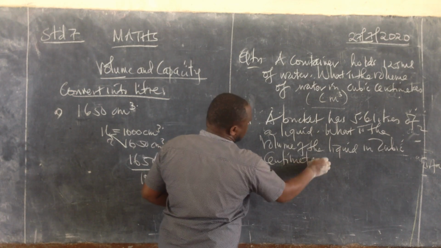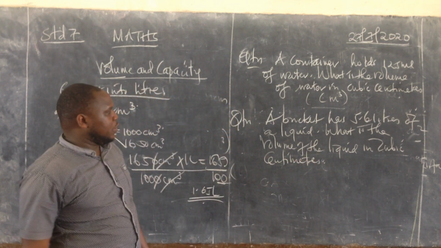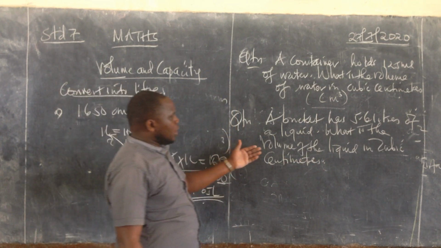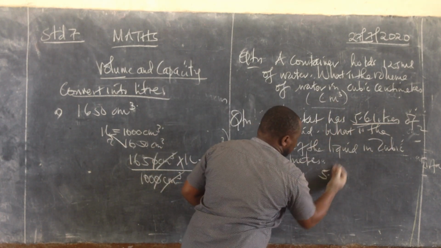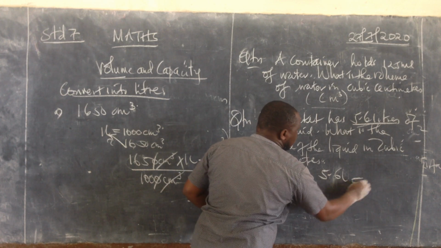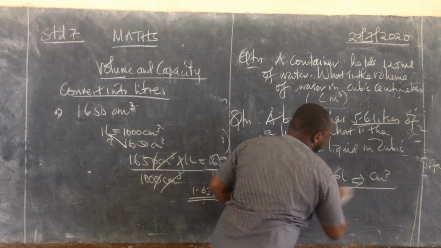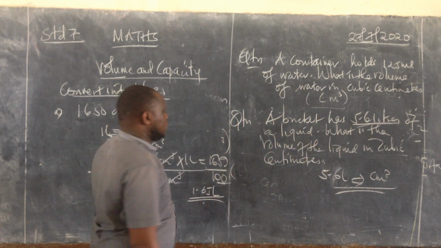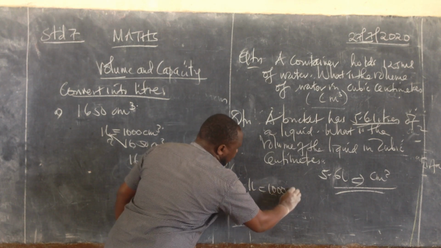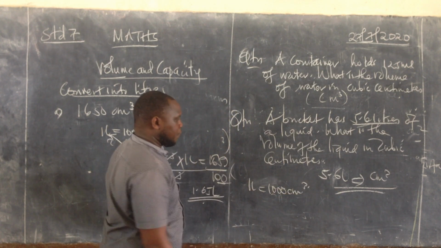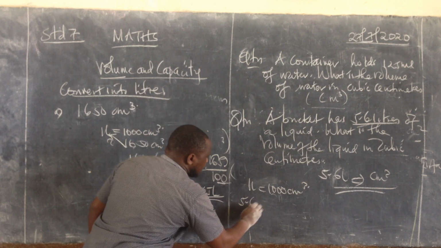So in this case, learner, you realize that you are supposed to convert 5.6 liters into centimeters cubed. So you say 1 liter is equal to 1,000 cubic centimeters. What about 5.6 liters?